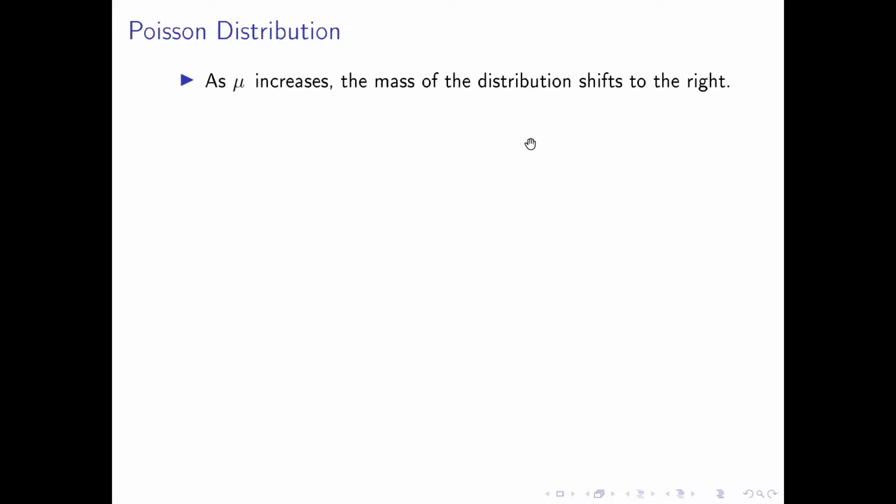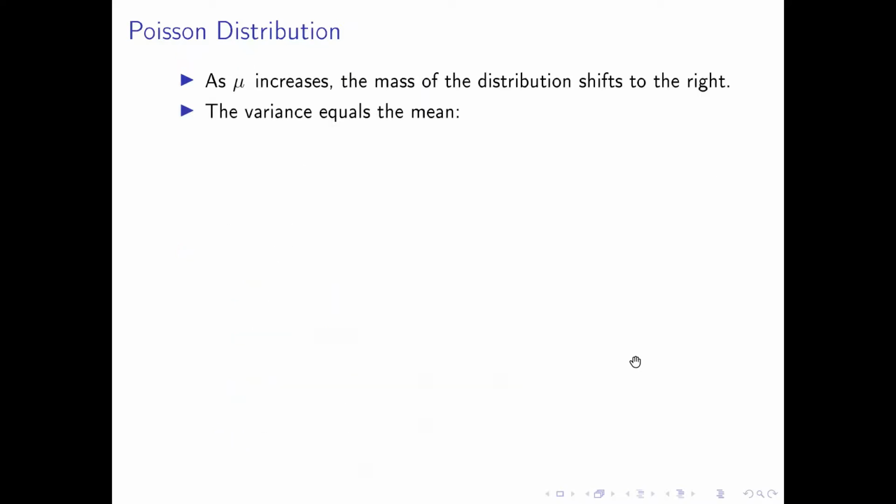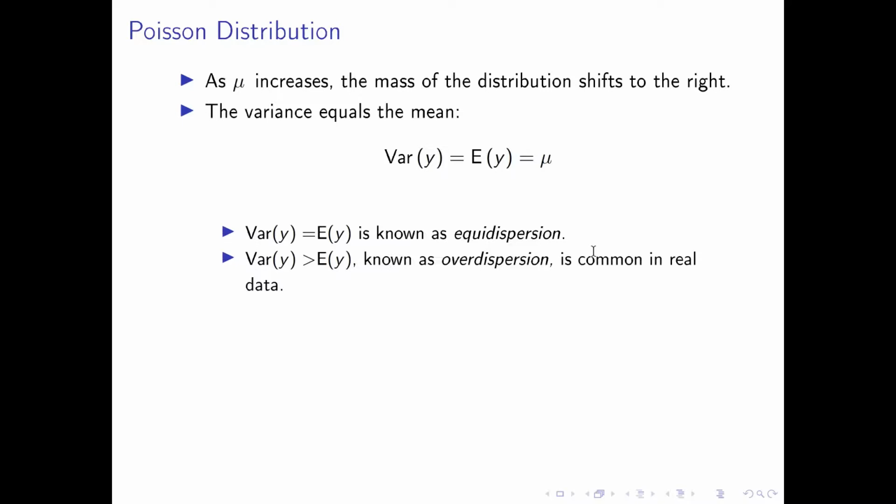As mu increases, as demonstrated in our last slide, the mass distribution shifts to the right. So that's property number one. Property number two, the variance equals the mean. I already talked about this. It's called equidispersion. That is a key assumption of the Poisson distribution.